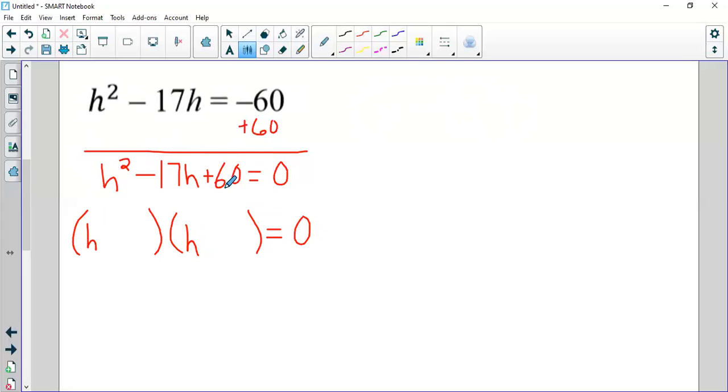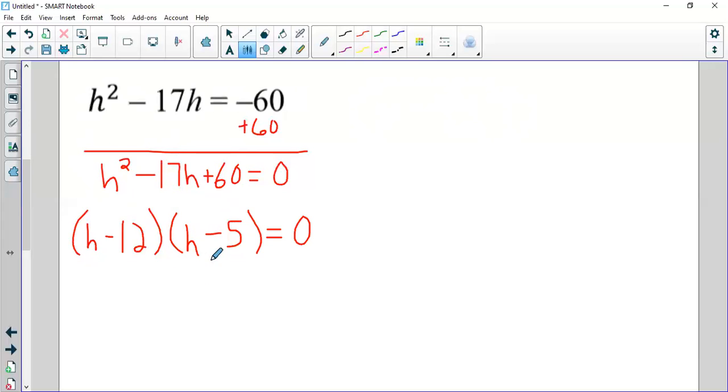Therefore, I'm going to multiply to make 60 and add to make 17. Well, those factors of 60 are 12 and 5. And since this is a positive, both signs must be the same, and they both must be the sign of the b, which is a negative and a negative.